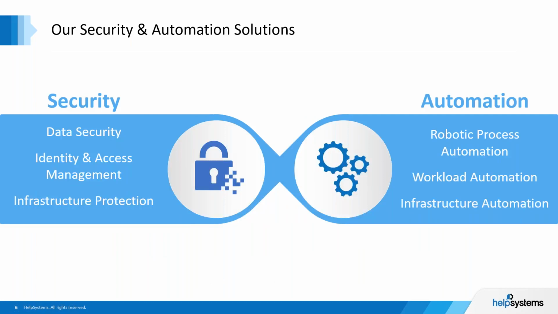So HelpSystems, we've grown both organically and through acquisition over the years, and now have 2 definite areas of expertise. Security, where we protect business critical data with automated security solutions that help you stay ahead of today's ever-changing threats, and intelligent automation with robotic process automation, workload automation, transfer automation, which ultimately increase productivity and add value to the business.